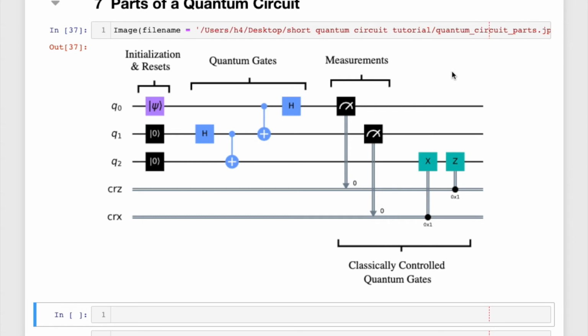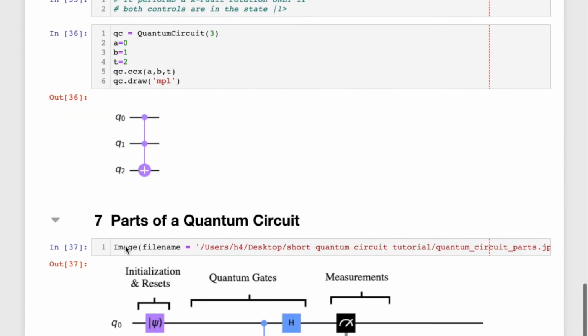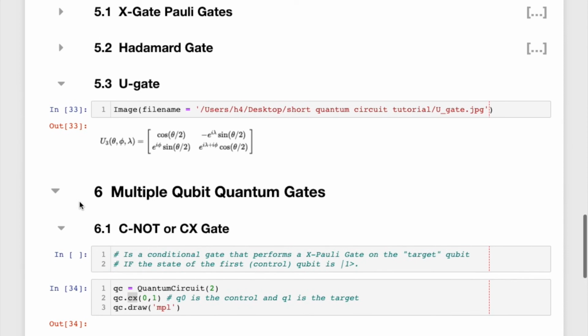Anything that happens after the measurement is not reversible. So these are basically the elements of the quantum circuit. And now it gets interesting, but before that, could you follow so far, or do you have any questions?